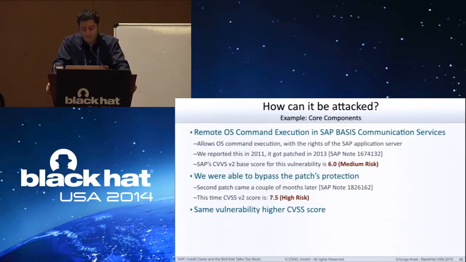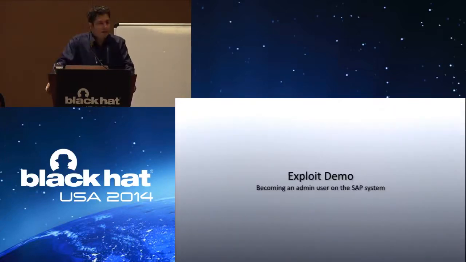Then we analyzed the patch, of course after some time, and we found a way to bypass it. So 4 months later, they released another patch to patch the patch, and this time it got a 7.5 risk rating out of 10. So still not 10. Let's have a short exploit demo, then we see a little bit about this, because I want to get past this OS command execution and these kinds of things. We'll focus on the business part.